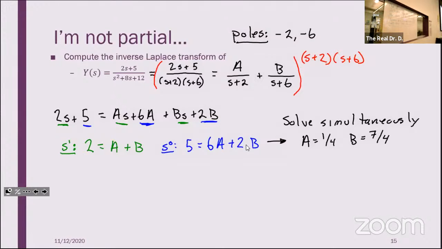Let's check. 2 is equal to 1/4 plus 7/4. Yeah, that's 8/4. 8/4 is equal to 2. We're good.